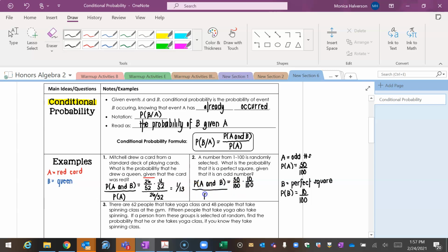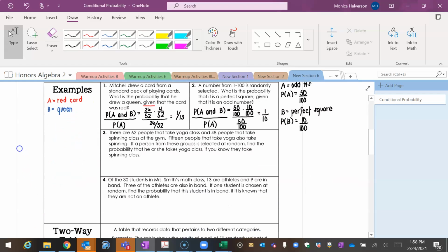And we're going to divide that by just the probability of A, which is 50 over 100. So you have a 1/10 chance that you are going to draw a perfect square card that is an odd number.